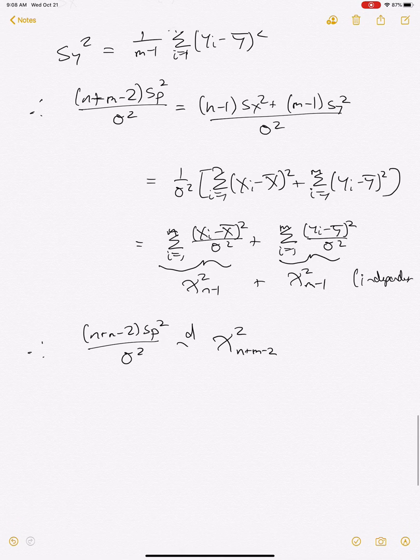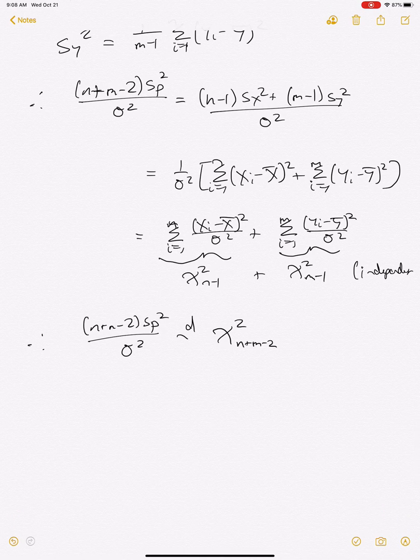Okay, and so this makes intuitive sense. This notion of the chi-square distribution and degrees of freedom is going to be very important for the remainder of the course. We saw it come up a little bit in the hypothesis testing section, and it's going to come up a lot throughout the course.